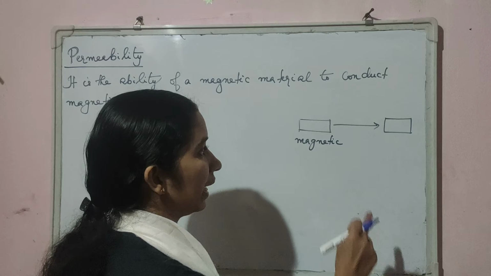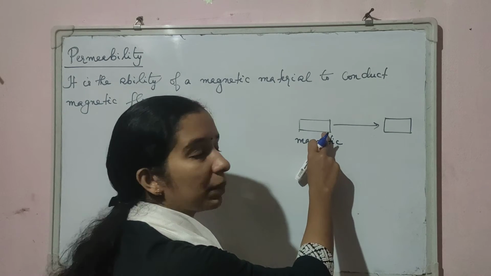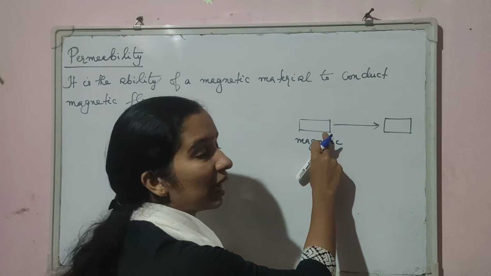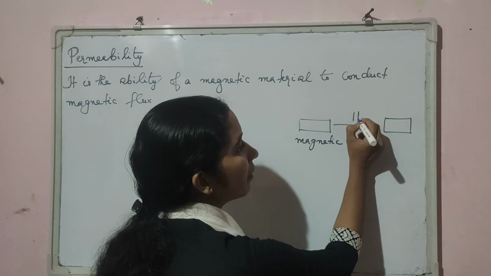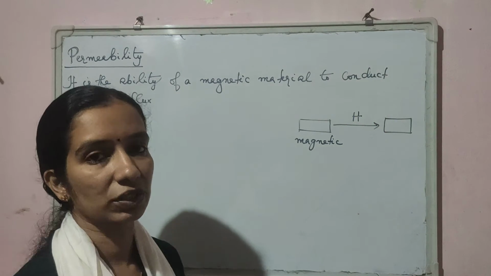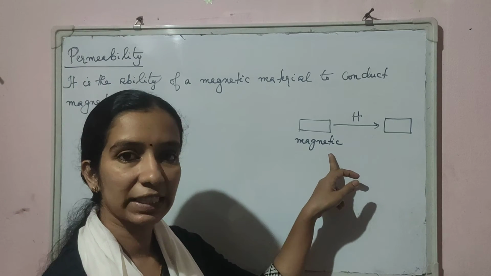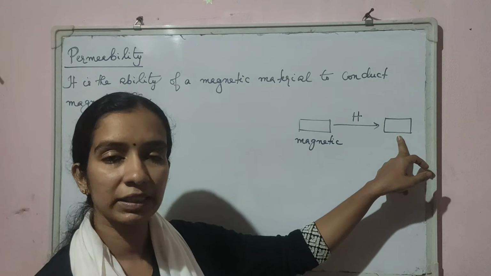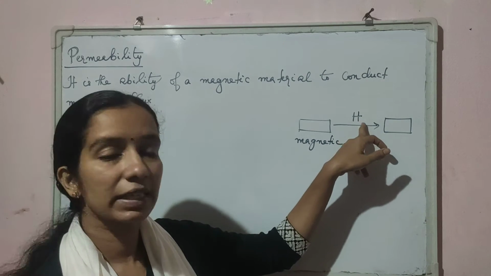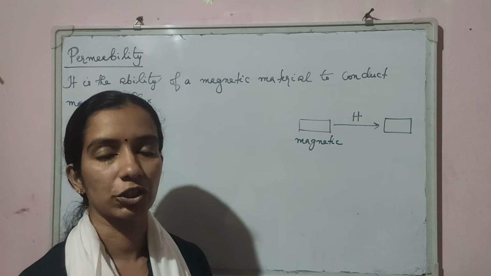The force by which this material magnetizes the other material is known as the magnetizing force H.